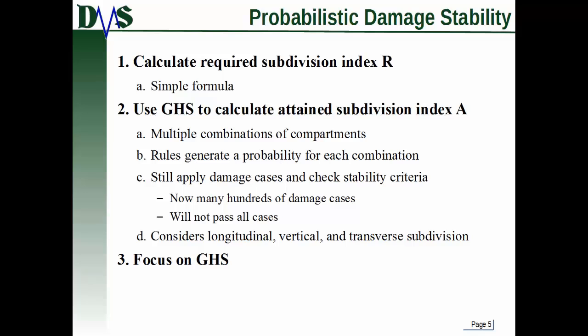So it doesn't really hurt you too bad if you don't pass that condition. Now, the problem is, though, that you're still applying damage cases and you're still checking stability, but now there are hundreds of damage cases. And like I said, you won't pass all of the cases, and that's okay. And the reason there are hundreds is because it actually is considering divisions in both longitudinal, vertical, and transverse directions.